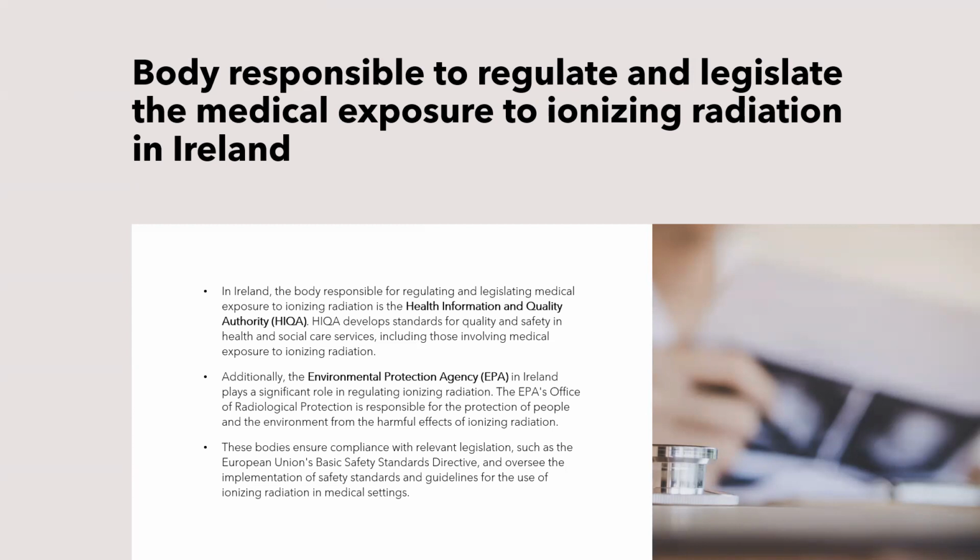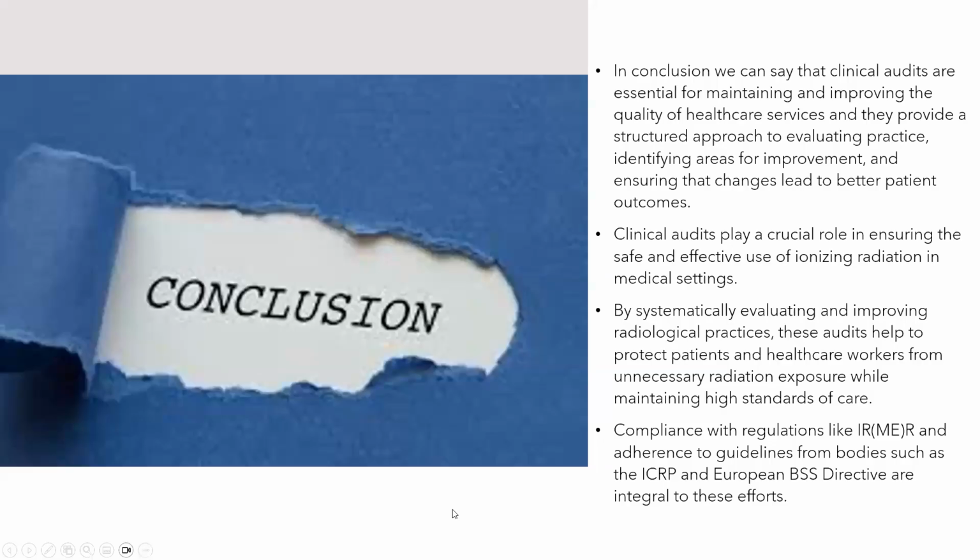EPA's Office of Radiological Protection is responsible for the protection of people and the environment from the harmful effects of ionizing radiation. These bodies ensure compliance with relevant legislation such as the European Union's basic safety standards directives, and oversee the implementation of safety standards and guidelines for the use of ionizing radiation in medical settings.